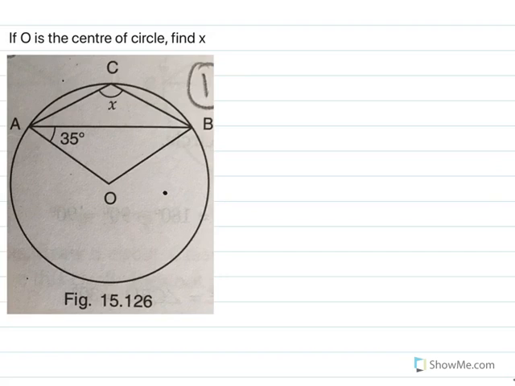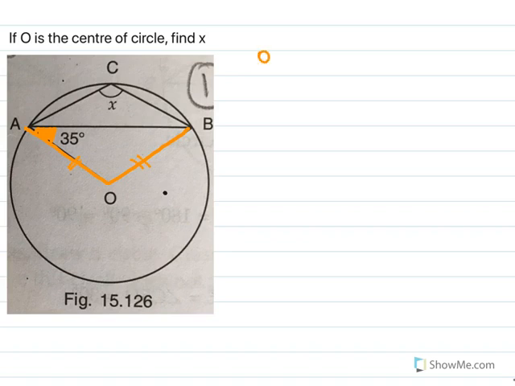In this sum we need to find x. Angle 35 is given to us. Now if you look up here, we know OB equals OA, and that's because they are radii of the same circle.